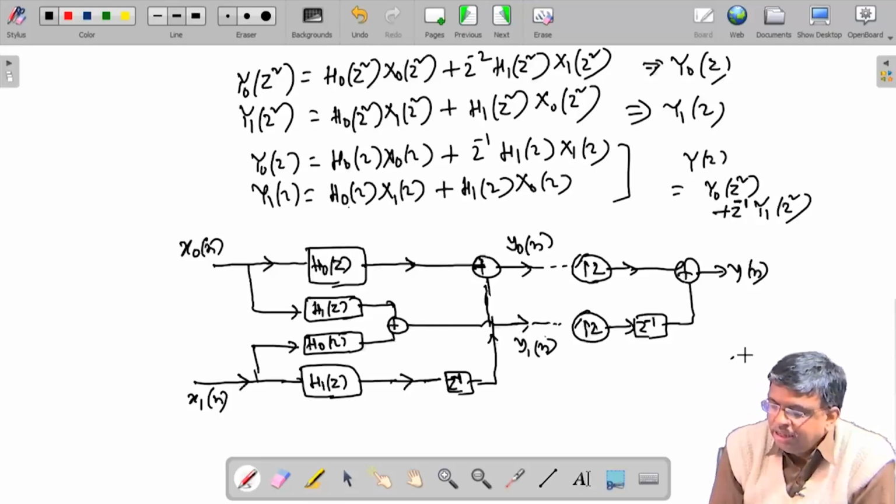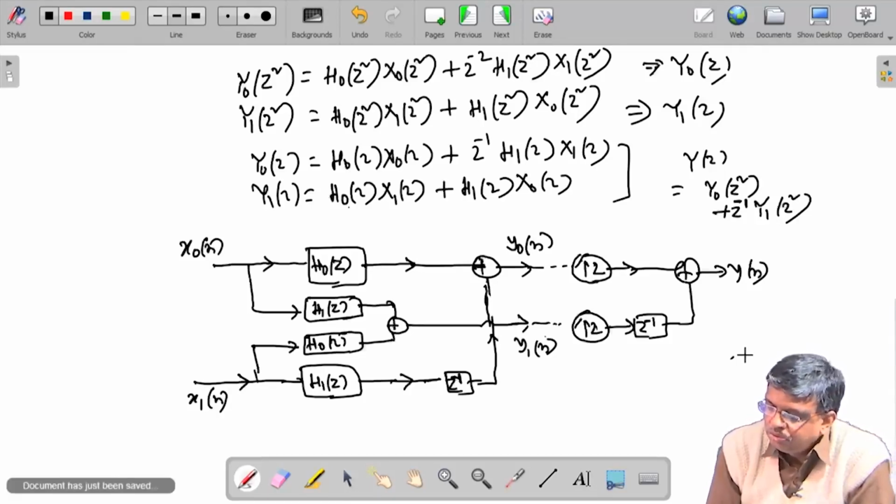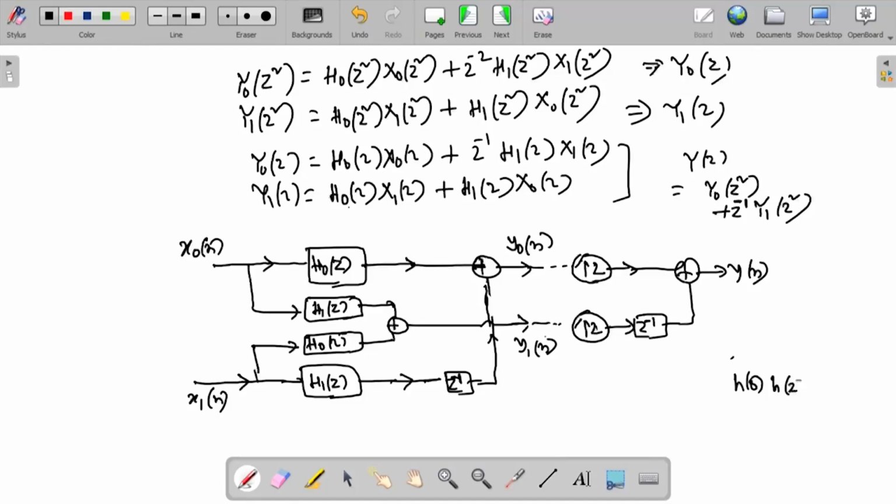It will take H of 0, H of 2, H of 4, dot dot dot, with origin here, and the other filter H1 will be H1, H3, H5, dot dot dot, with origin here. So half of the coefficients will be here; it will be an FIR filter of how many terms then? 50, if the total is 100 terms.